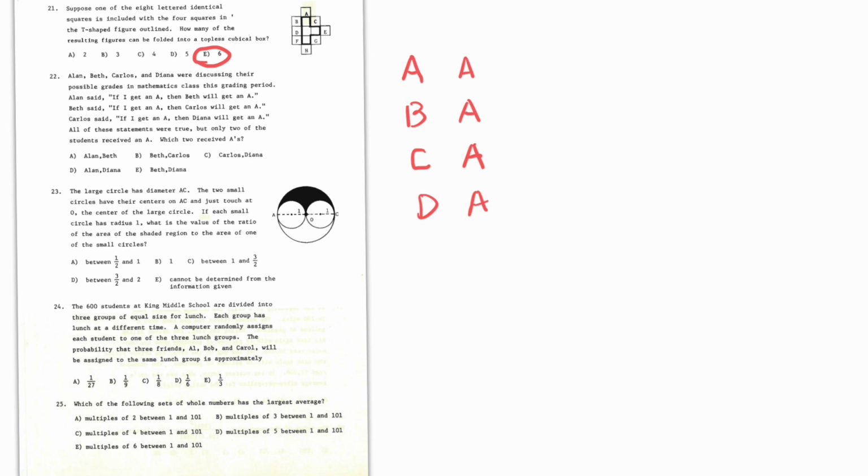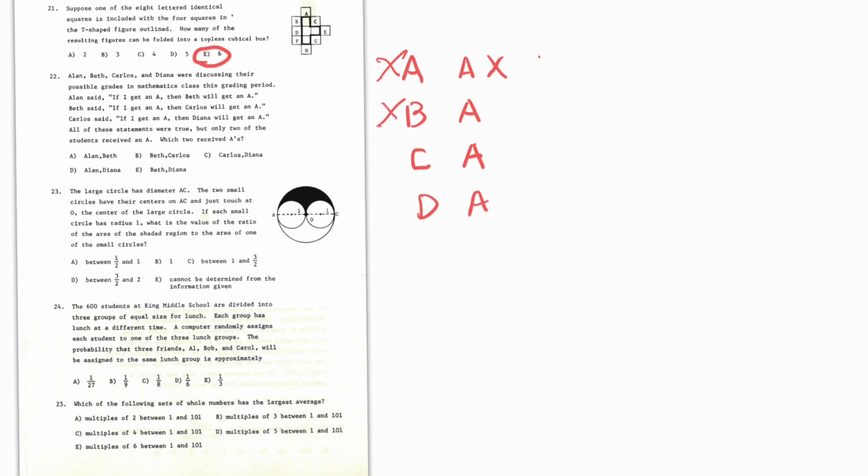So Alan cannot get the A. If Alan gets A, then Beth, Carlos, Diana all will get A, so that's not true. Only two got the A. So Alan did not get the A. Beth cannot get A too, because if Beth got the A, Carlos and Diana will also get the A. That's not true.